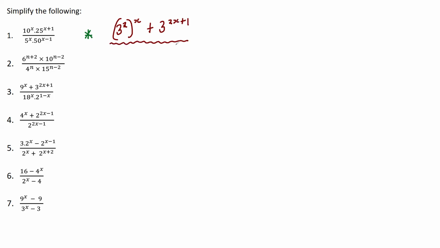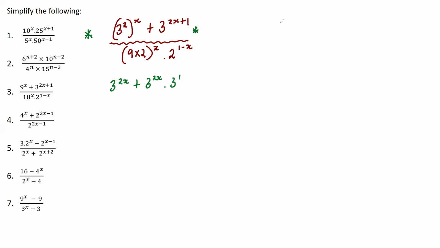At the bottom, I'll have 18 to the power x, which I can quickly change to 9 and 2 to the power of x, multiplied by 2 to the power of 1 minus x. So I think I'm still okay on this. Let's do the maths. At the top it's 3 to the power of 2x plus 3 to the power of 2x multiplied by 3 to the power of 1.